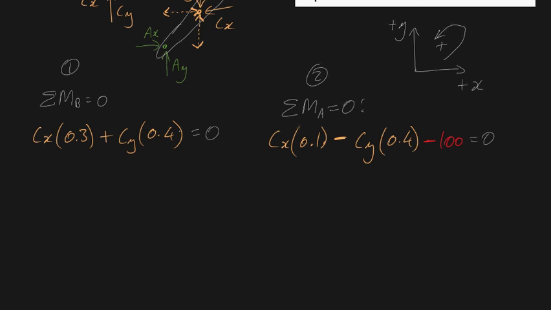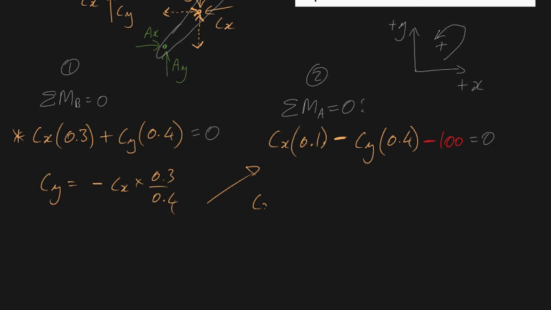Okay, so let's do this by first solving for Cy, and I'm going to solve for Cy from this equation first. We know that Cy is going to be equal to minus Cx times 0.3 on 0.4. Then we're going to substitute that in here to solve for Cx.